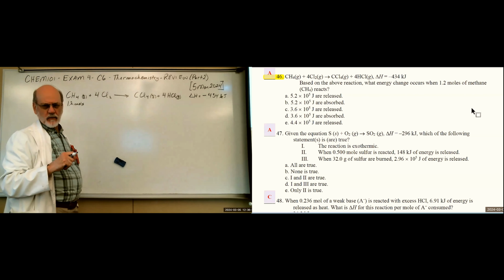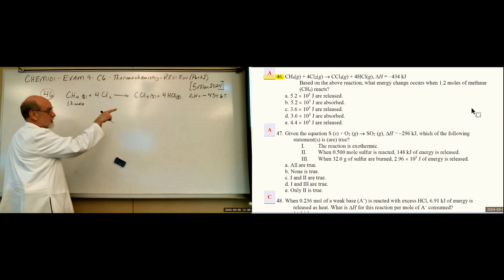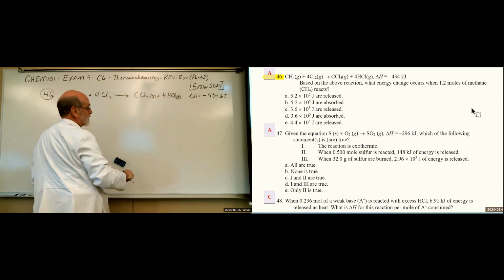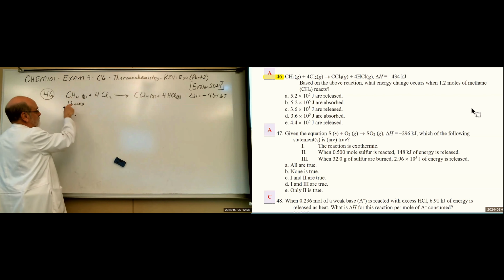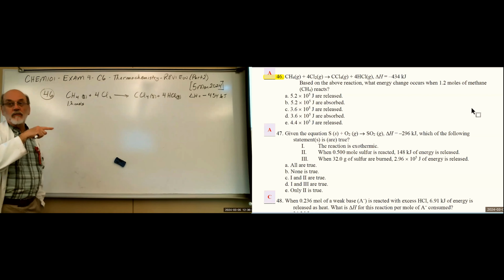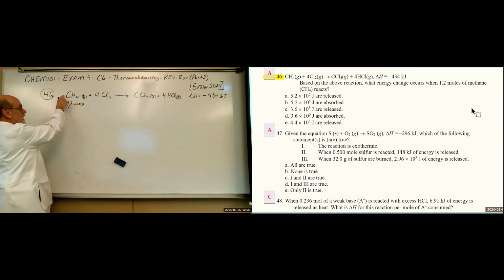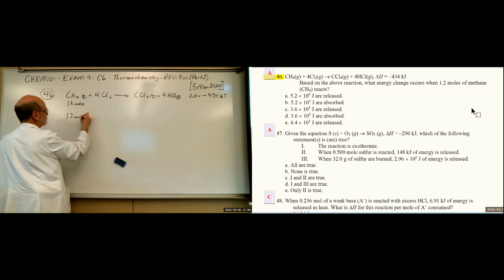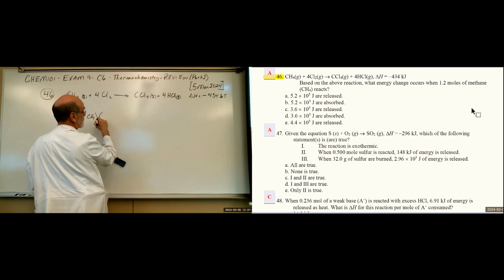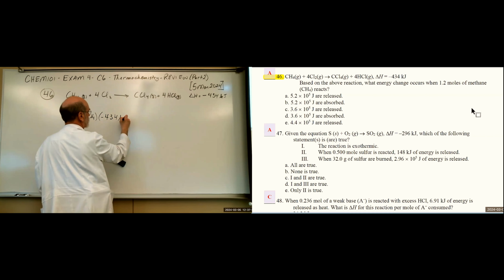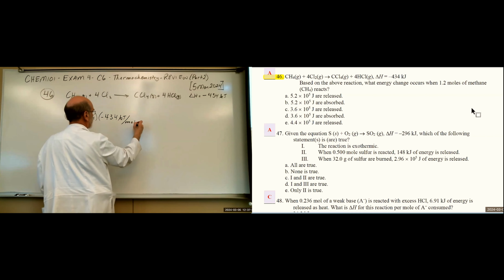So let's see what we got. 1.2 moles of methane. This value is for this equation as balanced. So since it's referencing methane, it would be minus 434 kilojoules per mole of methane, because there's one here. So 1.2 moles of methane, and then we say minus 434 kilojoules per mole of methane.